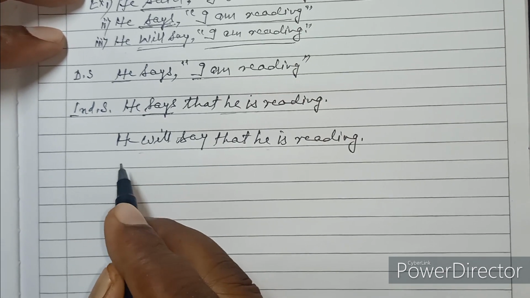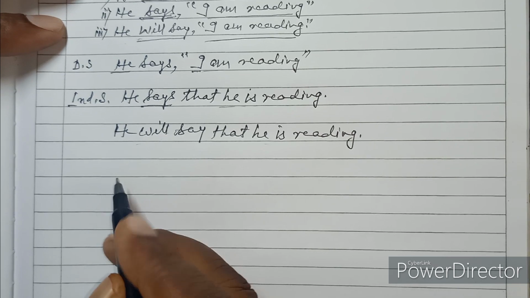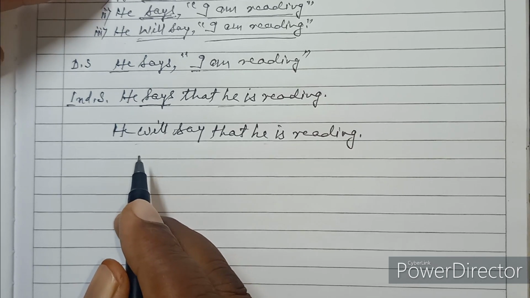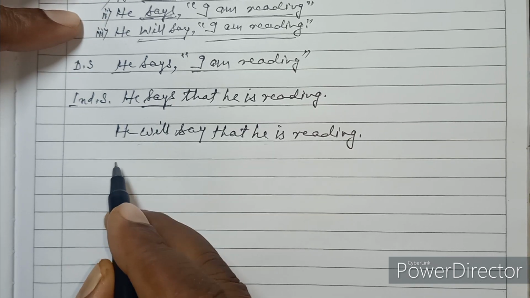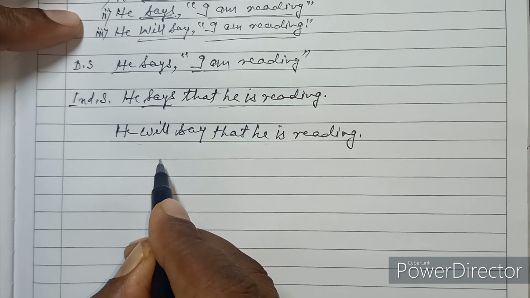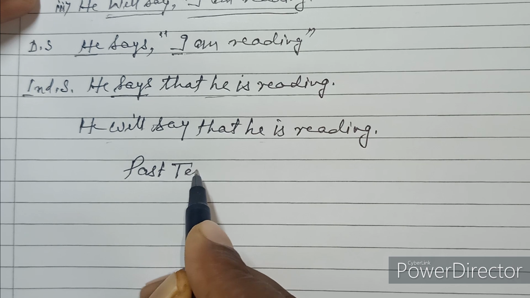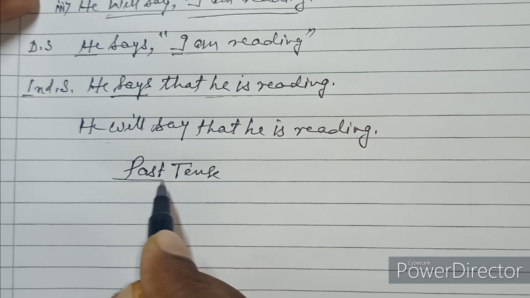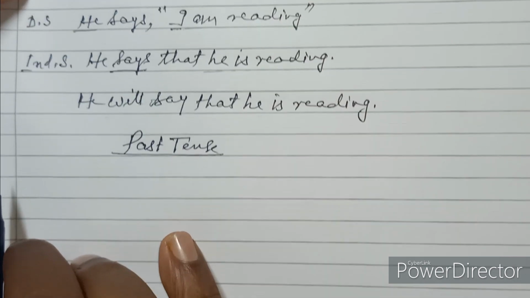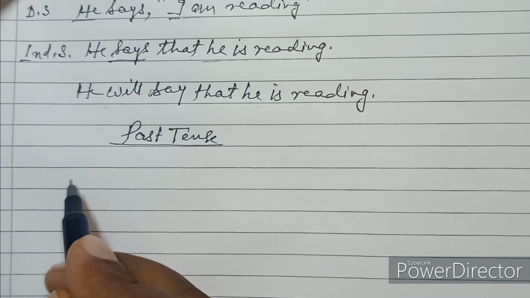Now let us know about the reporting verb in past tense. That is the first example, past tense. So let's know the example.